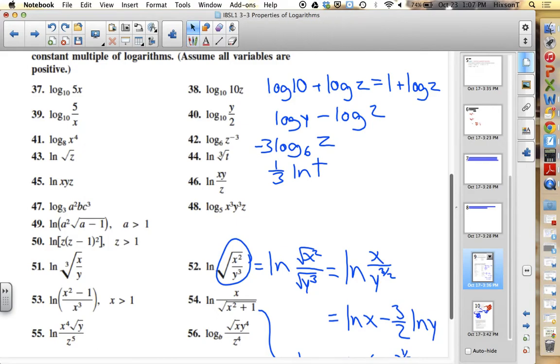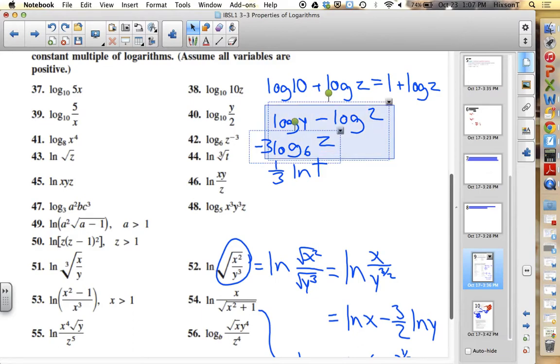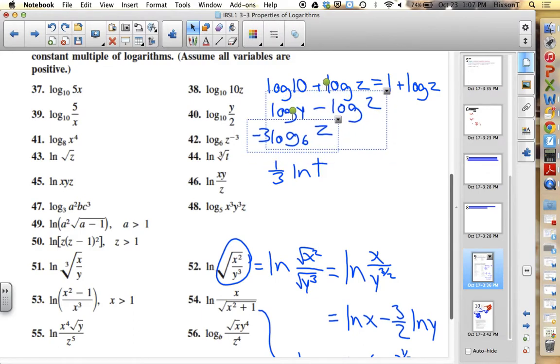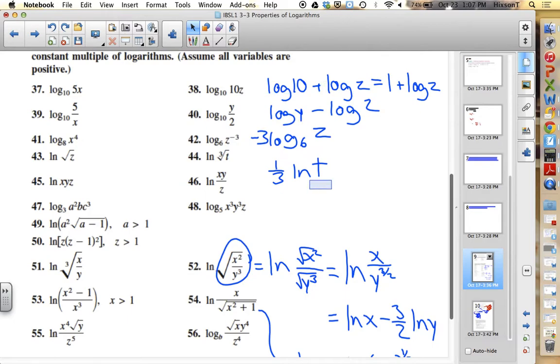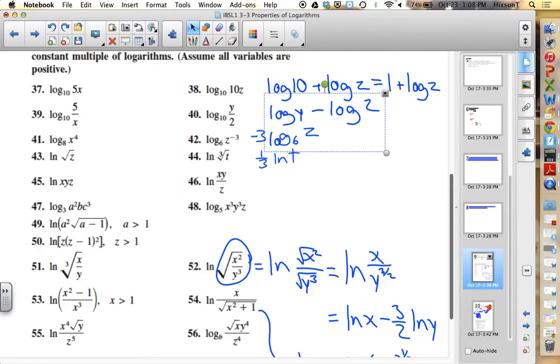I know I'm kind of getting out of line a little bit here. This one goes with that. Smaller there, okay.